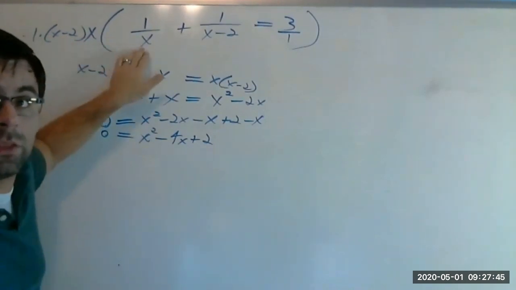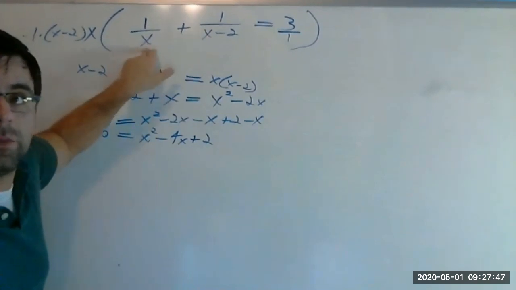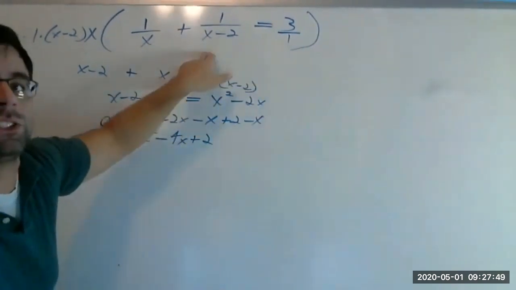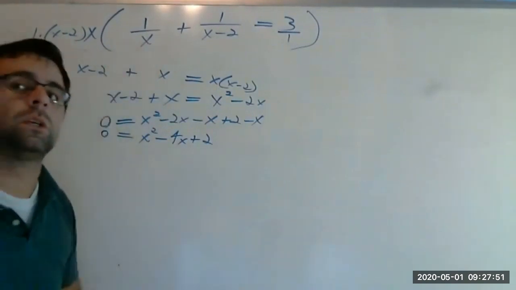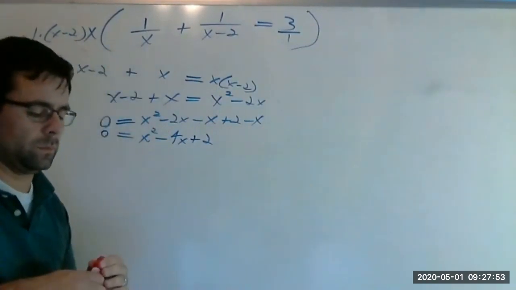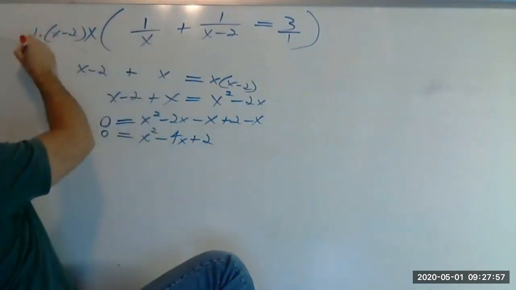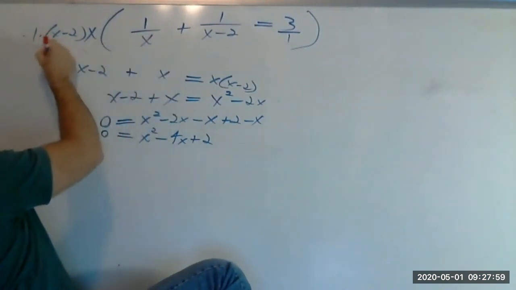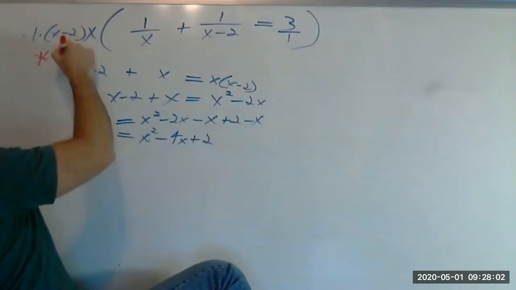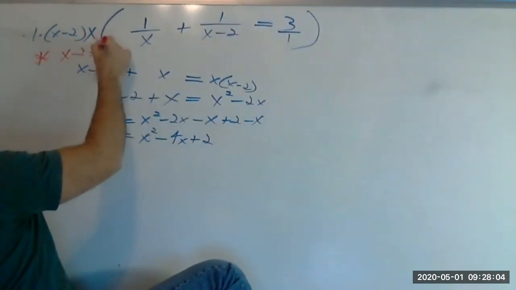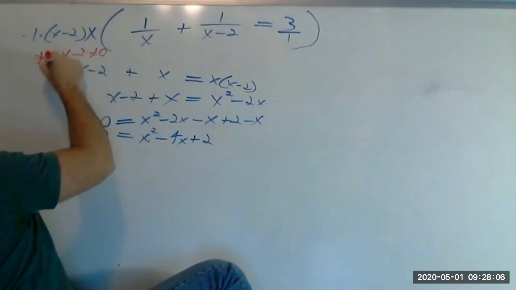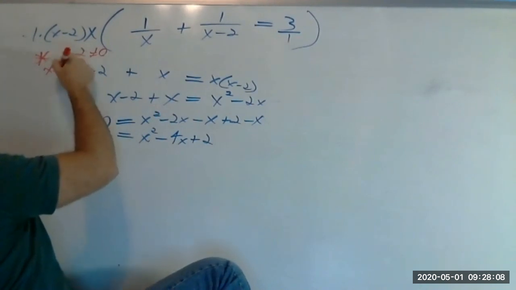Or said another way, none of the denominators in the original equation can equal 0. So when you do this step, put a star by it. X minus 2 can't equal 0, and x can't equal 0.